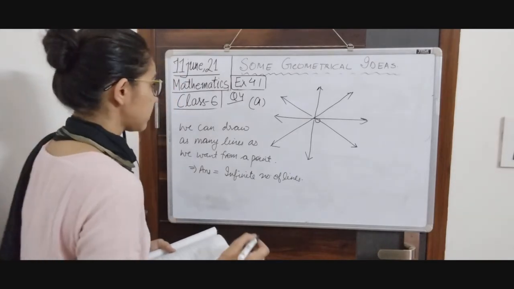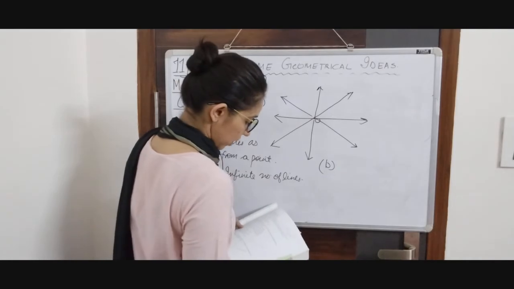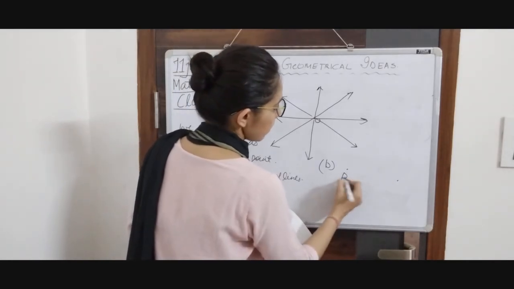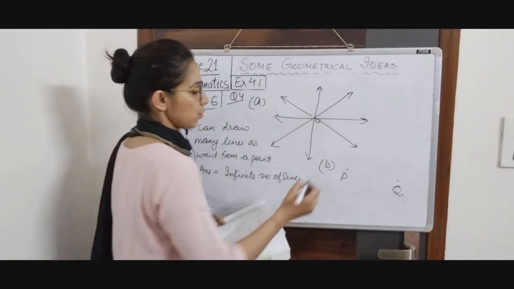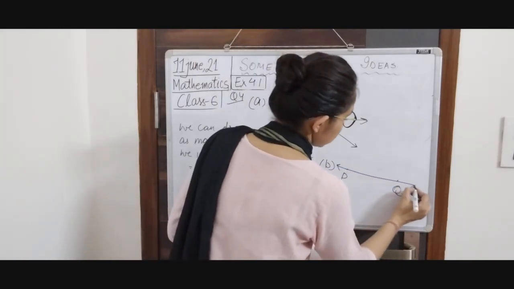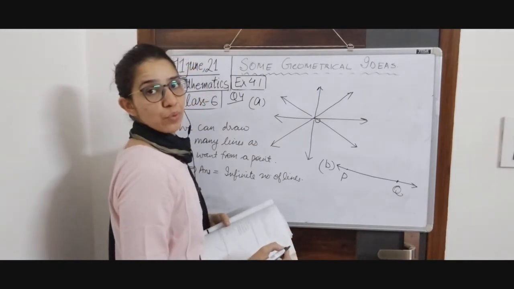Now second is two given points. Suppose we have 2 points P and Q. How many lines can pass through them? One is this one. Can you draw a few more lines through P and Q?